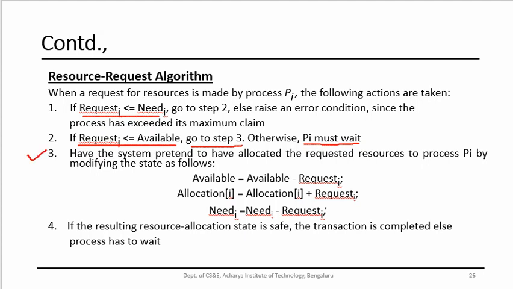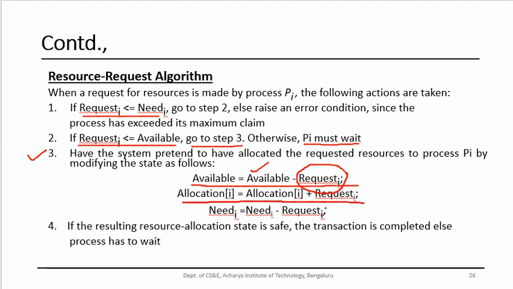So in step 3, the operating system pretends as if it meets the requirement of process Pi. What it does is it subtracts request of i, which is also a vector, from available. Why? Because we are allocating whatever resources have been requested by Pi, so that many resources will go out from the available vector.